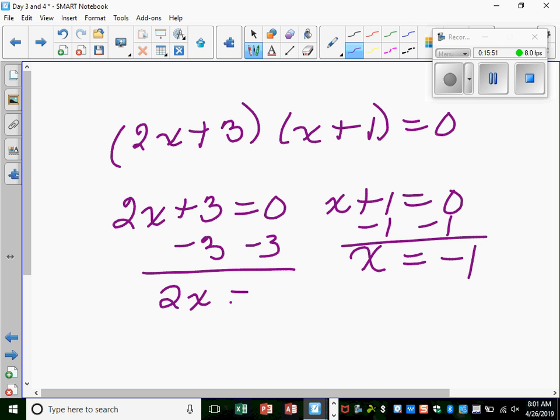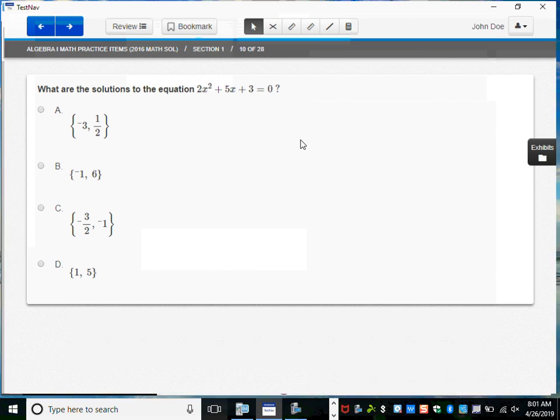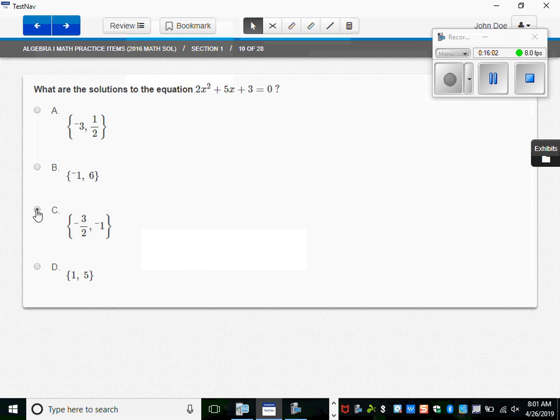And this should be -3/2. How many people had that one correct? All right, and that was letter what? C. Okay, letter C. All right, so we'll stop there for now and then pick up the next set of 10 next class.